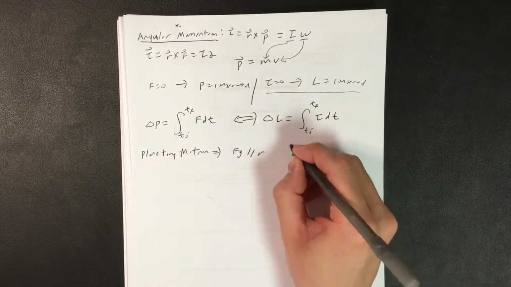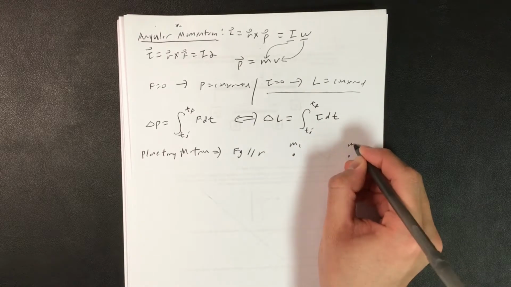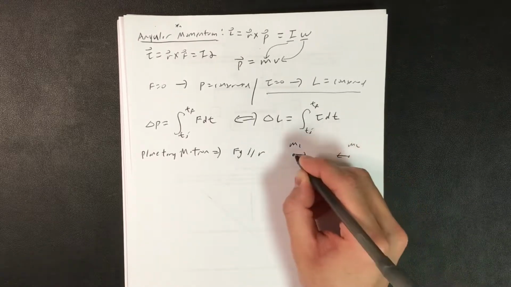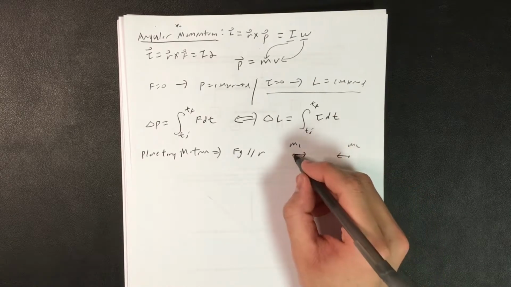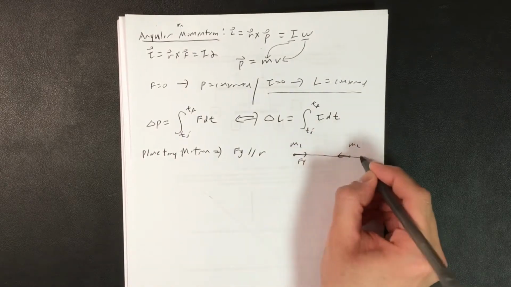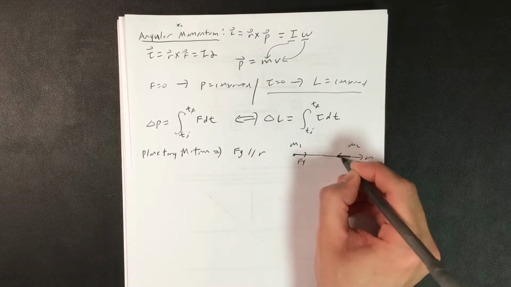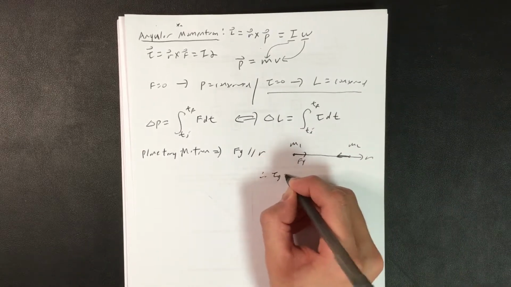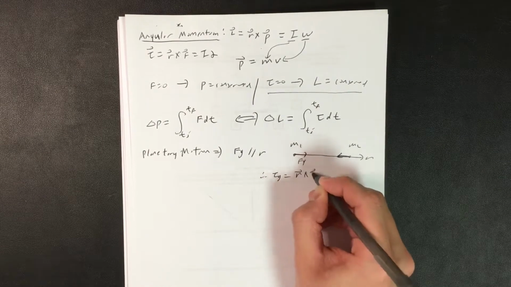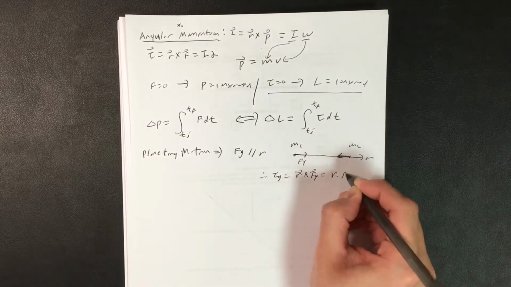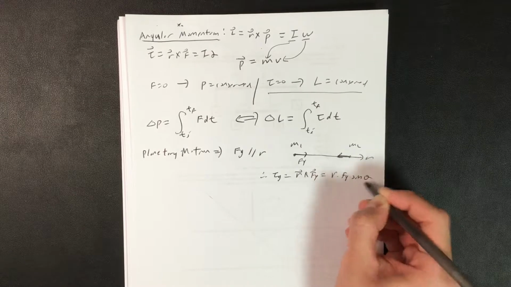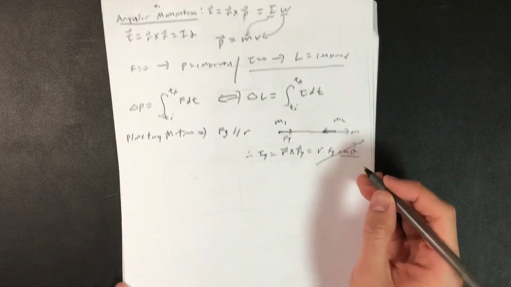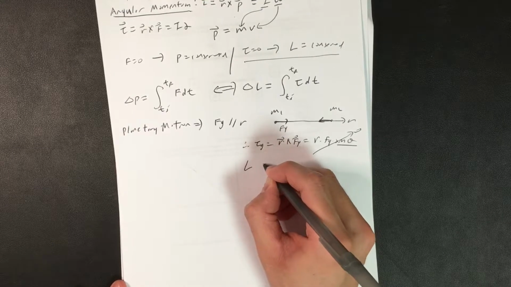What I mean by that is, if there are two masses, m1 and m2, then the forces of gravity are directed towards each other, which means if I set the r-axis, then the force of gravity is parallel to the r-axis. Therefore the torque from the force of gravity equals r cross Fg, which is r times Fg times sine theta. But since theta equals 0, this sine theta term becomes 0. Therefore, angular momentum is always conserved.